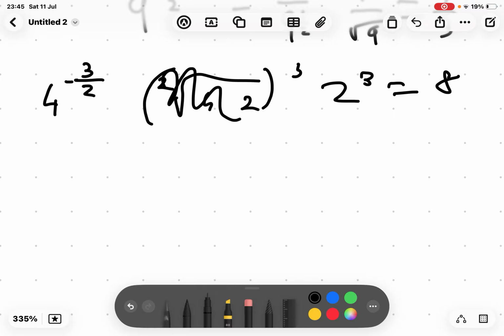However, because it was a negative 3, it becomes a negative, it becomes this basically. Because we transform this into 1 over 2/3, and this equals that.